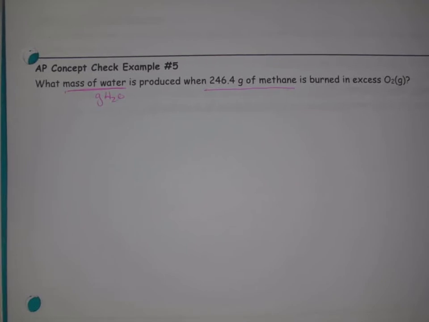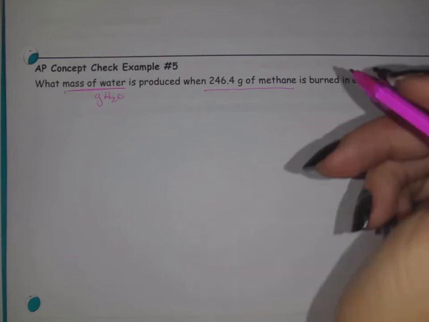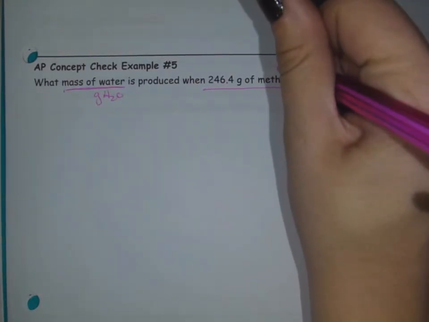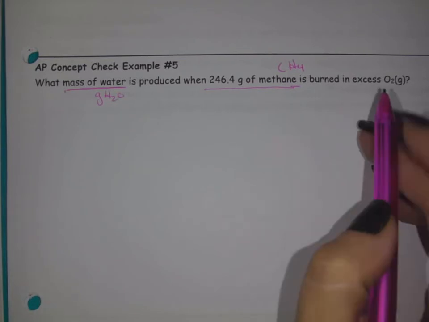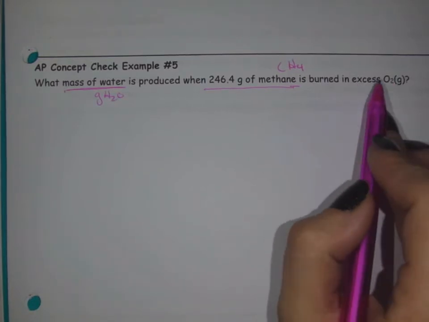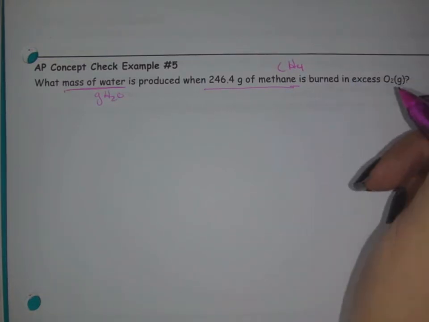You're not expected to memorize what methane is. They would tell you in the prompt that it is CH4. Alrighty, so we're starting with that many grams of methane, and then we've got excess, not carbon dioxide, excess oxygen. If this is the excess, it doesn't limit our reaction, so I don't need to worry about the excess.